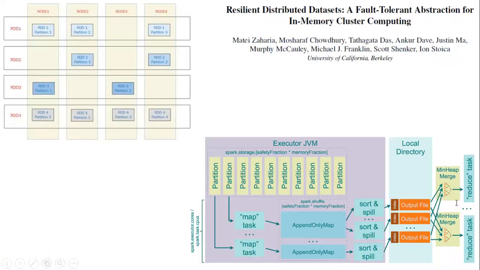Now there is only one big file in each node, and the reducer knows the start point and the end point of its data. The block in which its data is contained is known to the reducer. The reducer goes to that start point and starts reading from that file.